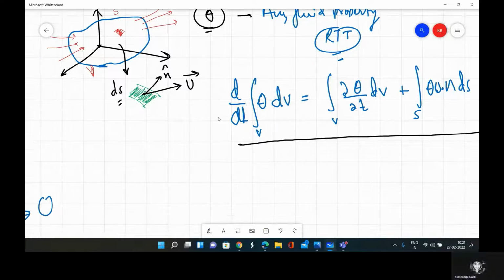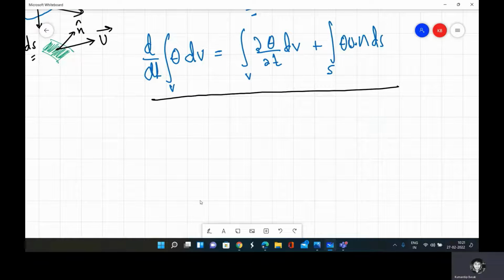From here, this is the integral over the volume. This is an integral over the volume. This is the integral over the surface. We want to consider the integral over the volume for that part also. What can we do? Simple, the Gauss divergence theorem.